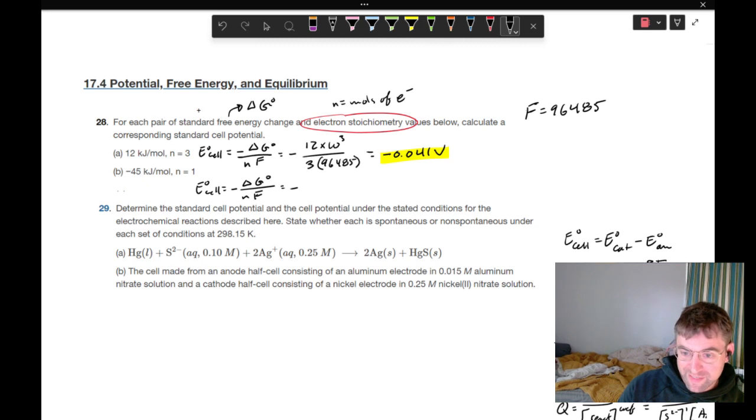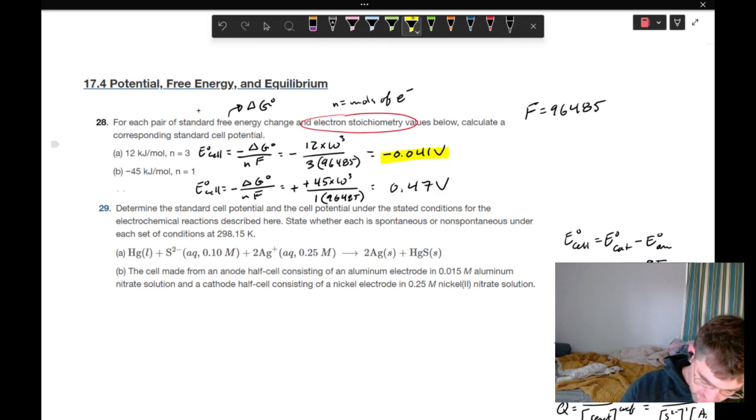Negative times a negative, 45 times 10 to the third joules per mole, over 1 times 96,485 gives us, negative times a negative gives us a positive 0.47 volts.